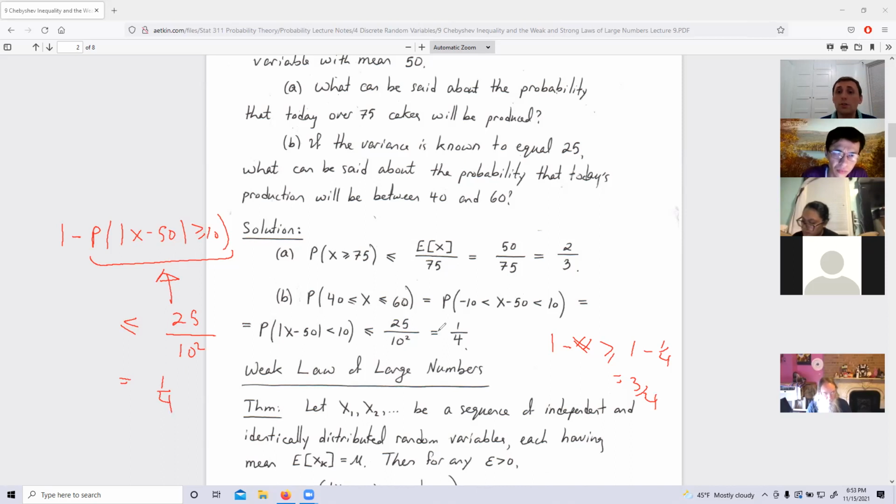Understand? So it's more than 75% likely that between 40 and 60 will be produced, not less than 1/4, not like what I wrote here. That's a mistake, because you need to have the inequality pointing this way. From 1 I subtract at most 1/4, which means that 1 minus it is at the very least 3/4.